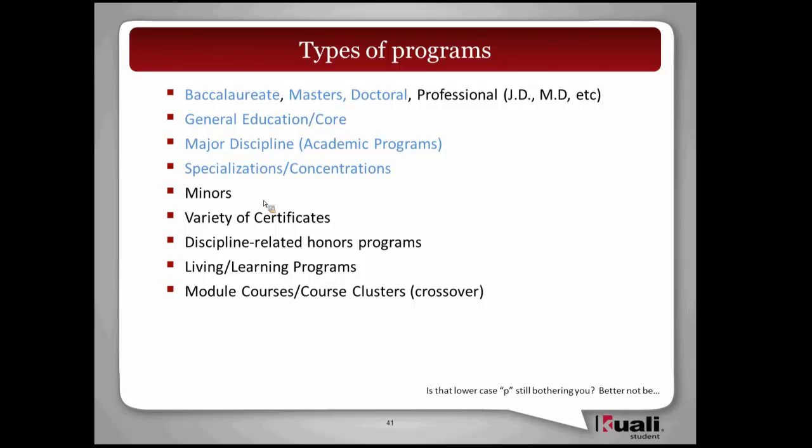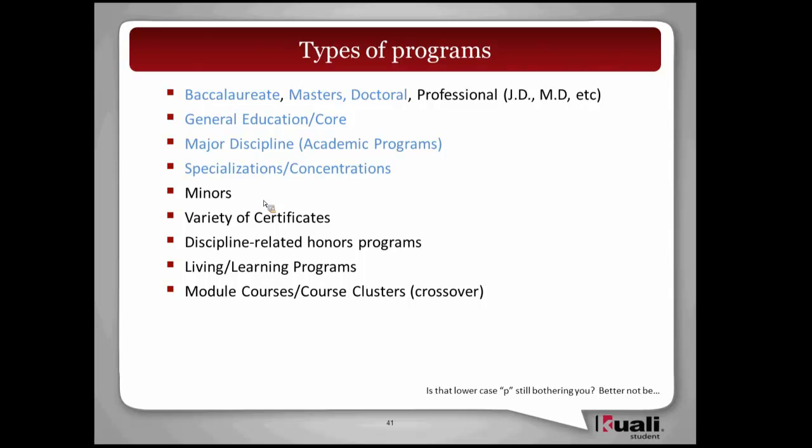We have discipline-related honors programs as a type. You might be an English major, but for students with some level of performance, you can enter that program's honors version where you're completing some additional thesis work or other courses that fit with that. Living and learning programs have also been identified.